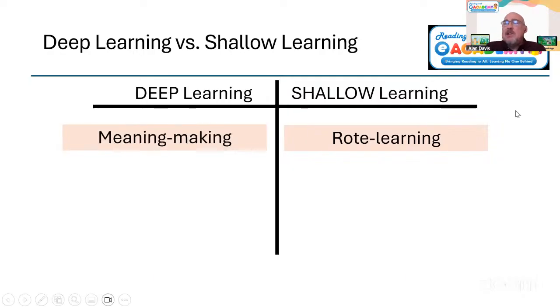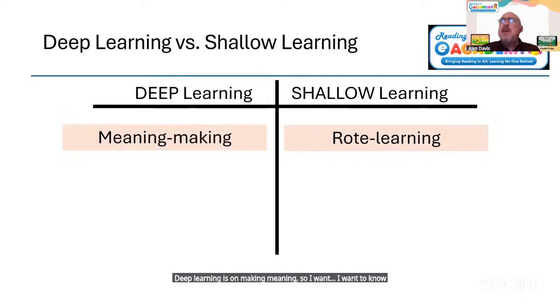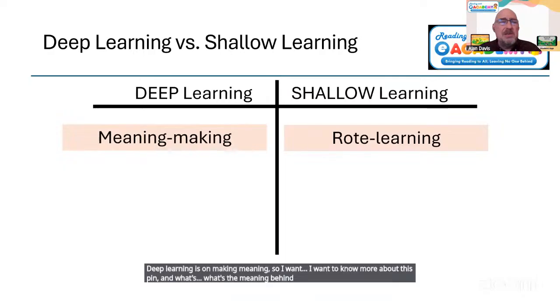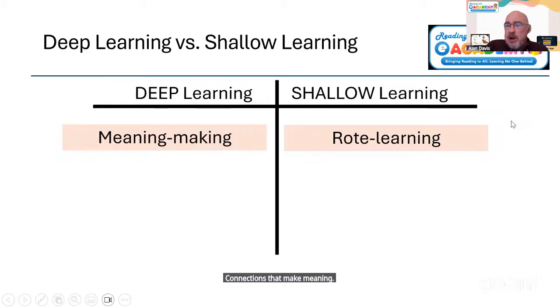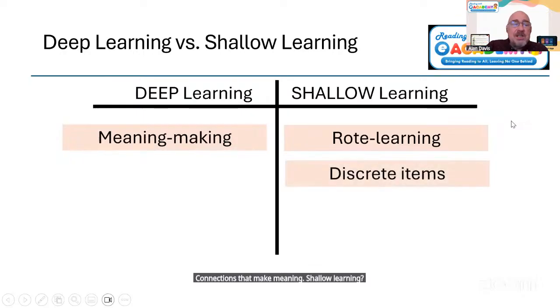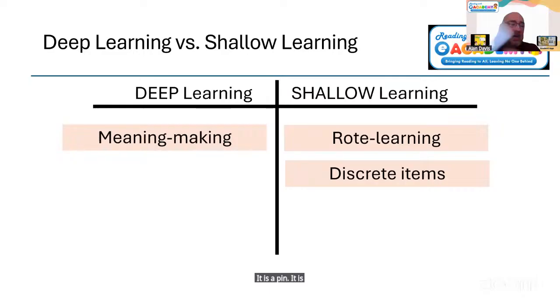Deep learning is about making meaning. So I want to know more about this pen, what's the meaning behind it, how I can use it, what color is it, and can I borrow it from you, and all of these other connections that make meaning. Shallow learning is focused on discrete items. It is a pen. It is a notebook.